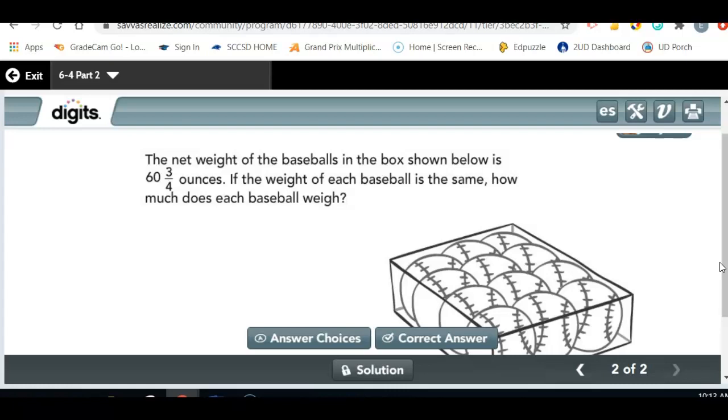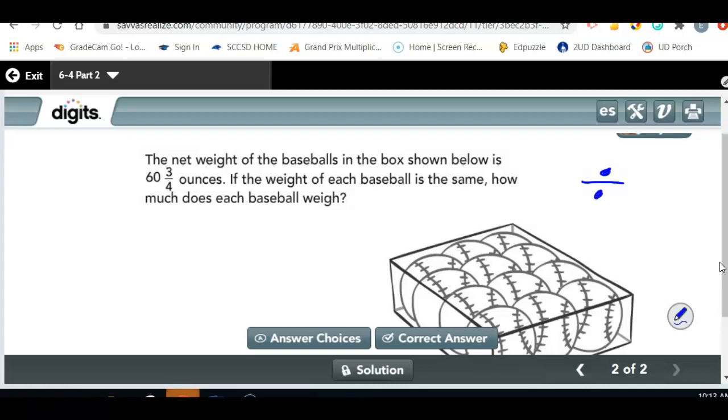It says the net weight of baseballs in the box shown below is 60 3/4. If the weight of each baseball is the same, how much does each baseball weigh? What operation are we going to be using in this word problem? Sejal. It is division. Awesome job.